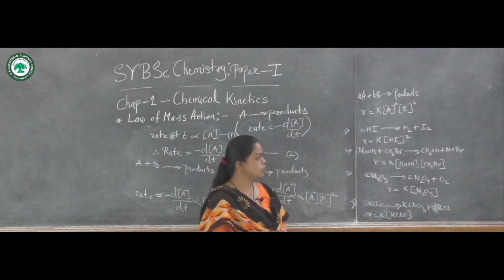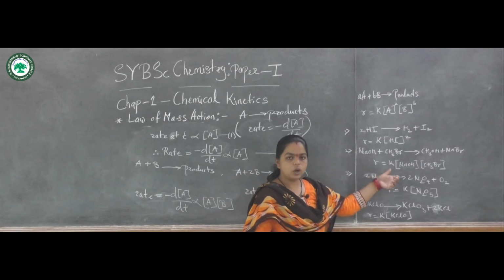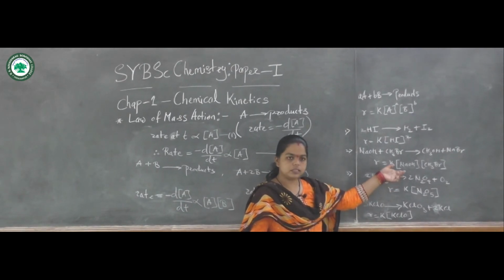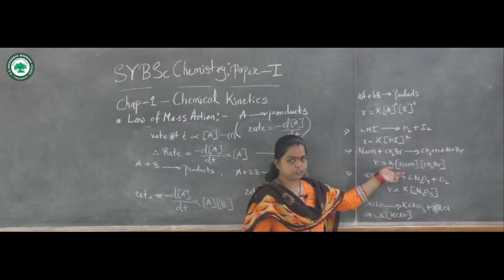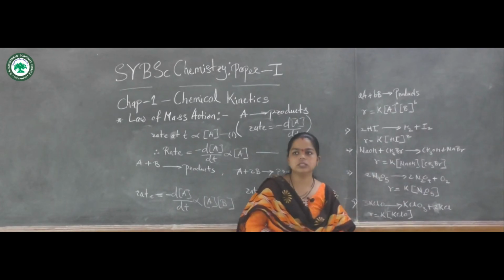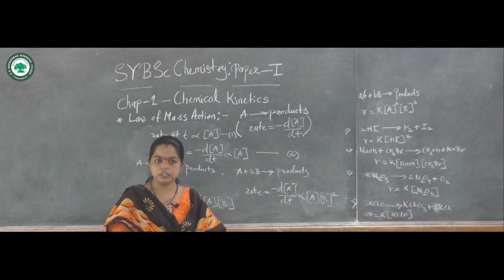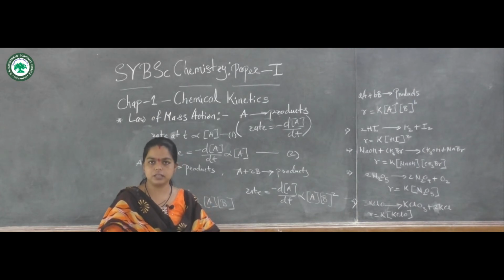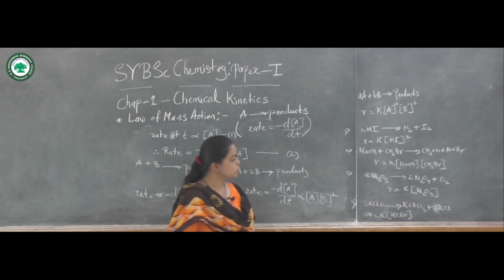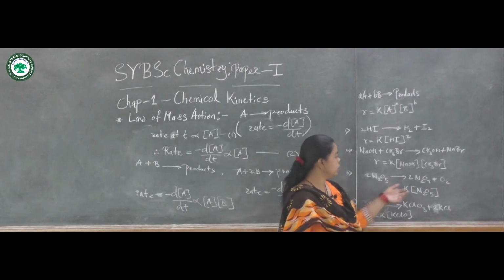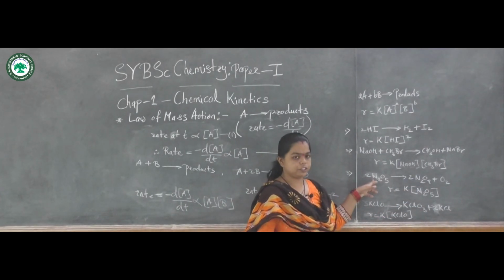Only stoichiometric coefficients are not always used in the rate equation. So in order to derive the rate law, it is not necessary to get the coefficients only in the rate equation.